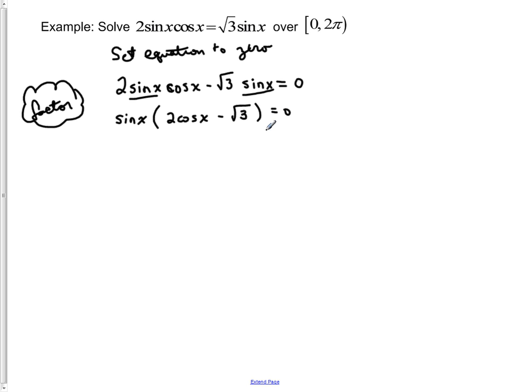And so we actually have 2 equations. We set each factor equal to 0, so we get sine of x is equal to 0 as one of our potential areas, and the other one where 2 cosine of x minus the square root of 3 is equal to 0.